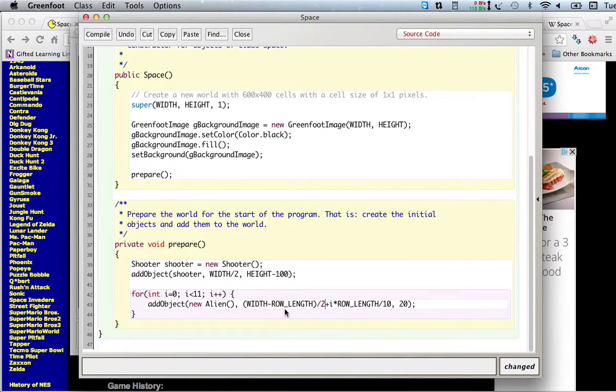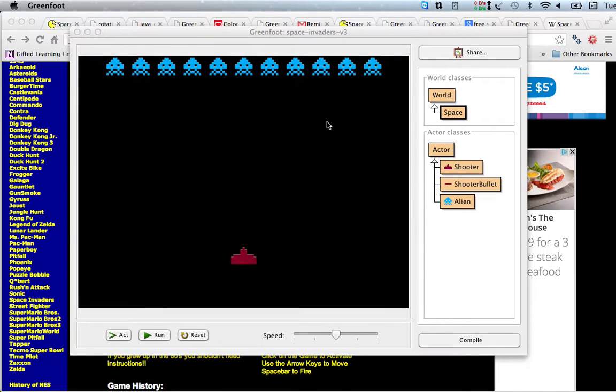And then division comes before addition, and since this appears first, we know that this division is going to happen before we add. So I think we're okay now. Let's see. Yeah, that seems fine. And if we decided to change the spacing or the width of the world or anything, then this would all still be working.